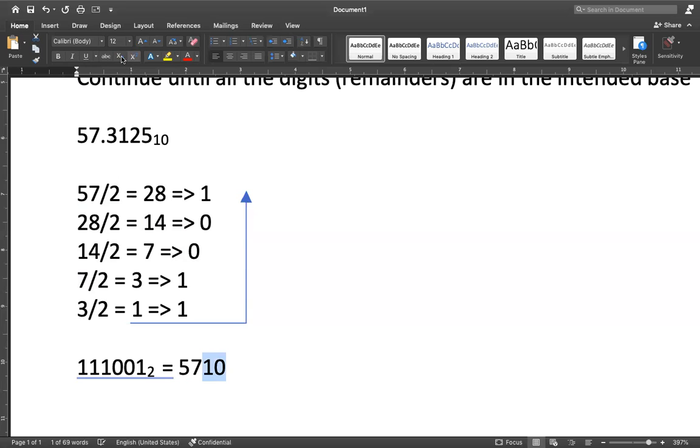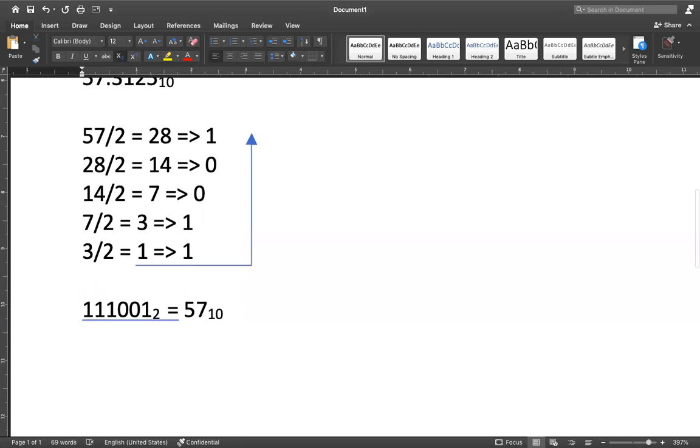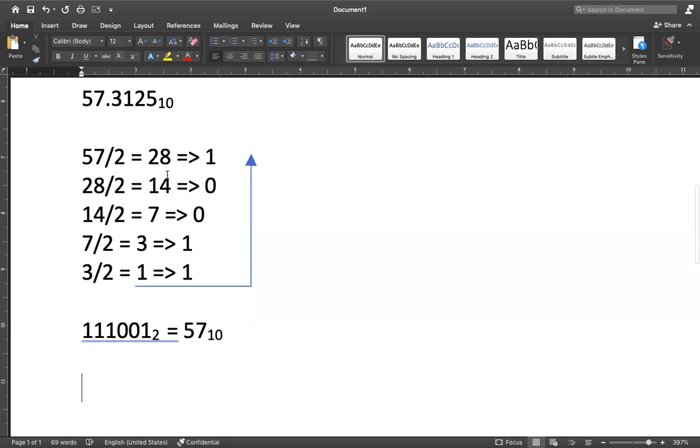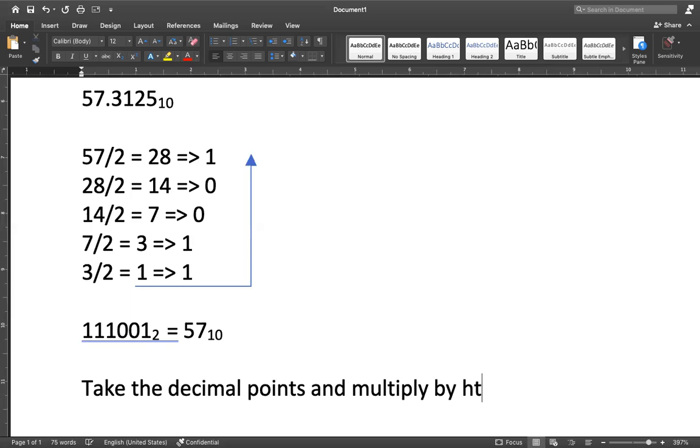But what will happen to the .3125 part, the decimal part? There should be a mechanism to convert that part as well. What you are going to do is take the decimal part and multiply by the base.